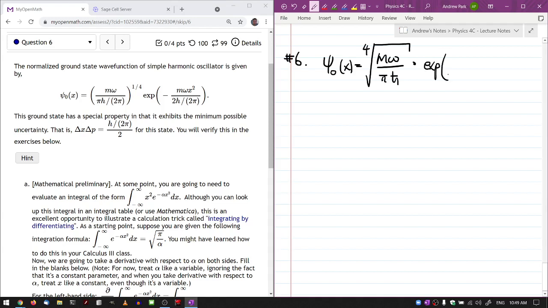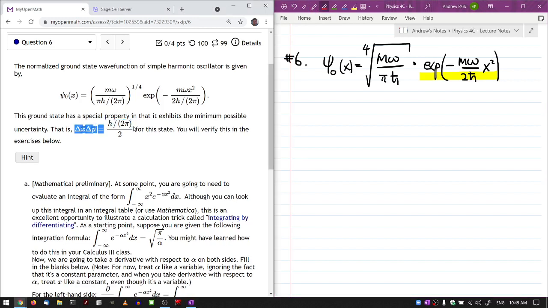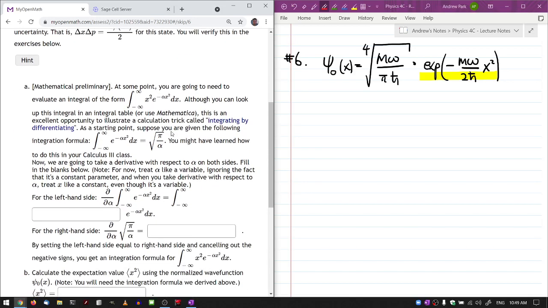Times the exponential of minus m omega over 2 h bar x squared. I hope you recognize this functional form. What's different now is the question has given you the normalization constant as well. And it says it exhibits the minimum possible uncertainty, and as we go through this tutorial exercise, we will show that it actually does work out that way.